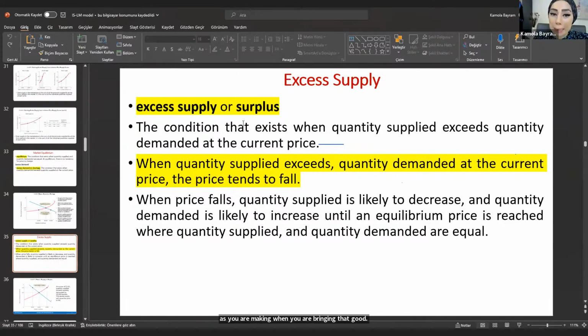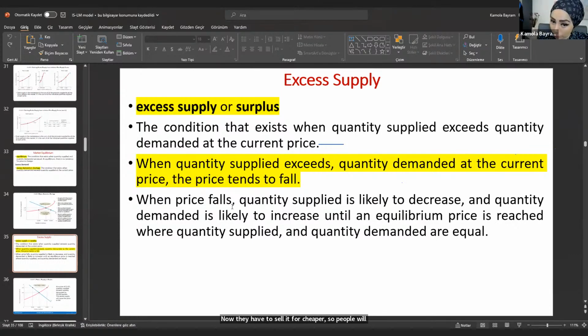So the condition that exists when quantity supplied exceeds quantity demanded at the current price. Okay, when quantity supplied exceeds quantity demanded at the current price, the price tends to fall. Now they have to sell it for cheaper, so people will buy.